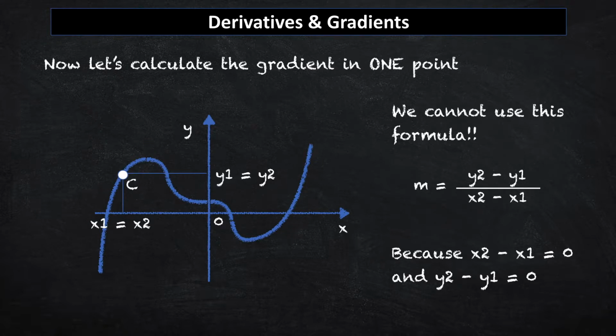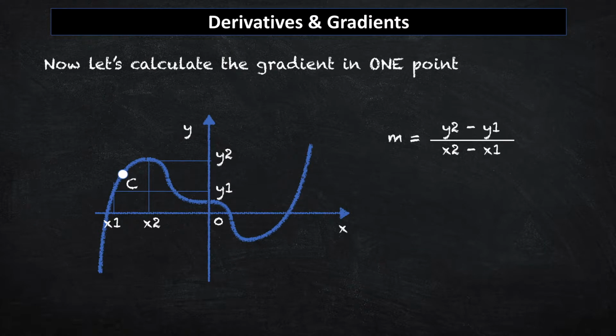But we cannot use the formula that we saw before. Why? Because this time x2 minus x1 is equal to 0, and also y2 minus y1 is equal to 0. So the formula would be m equal 0 divided by 0.